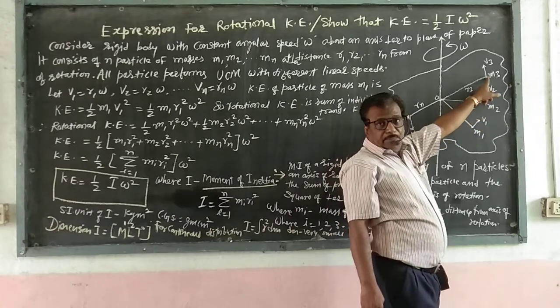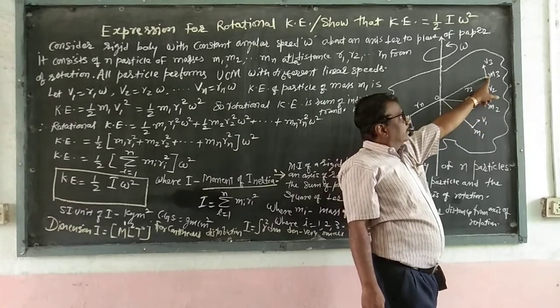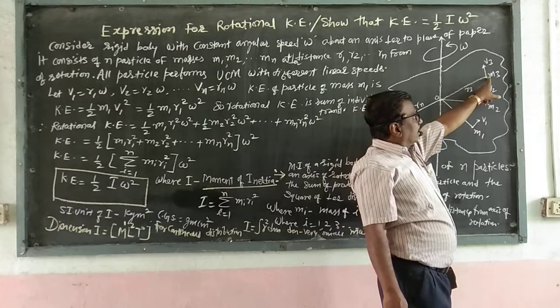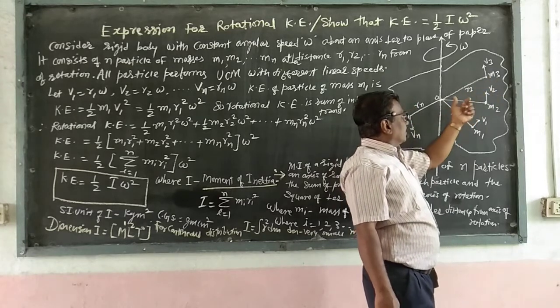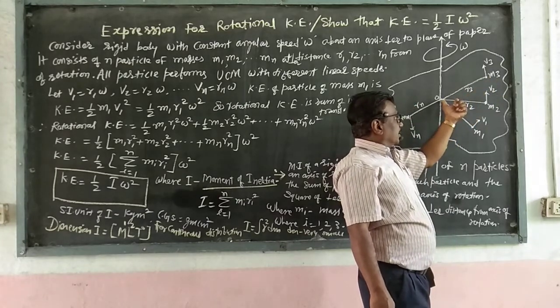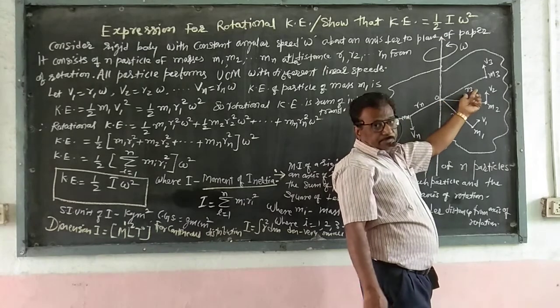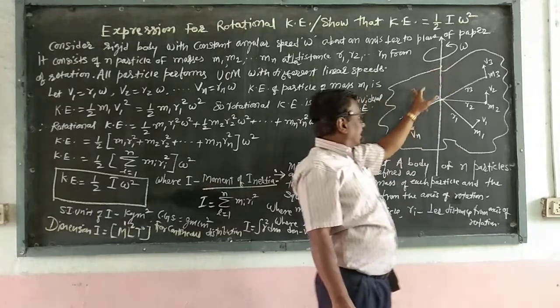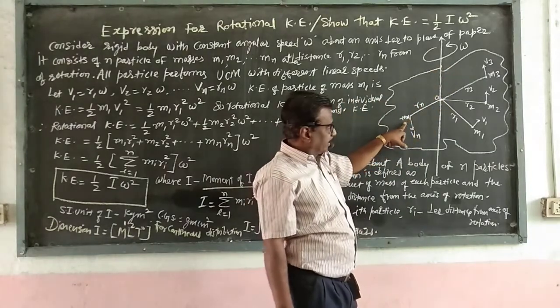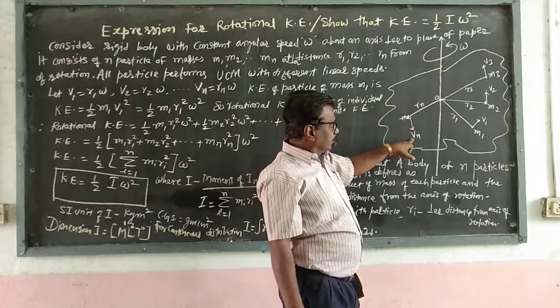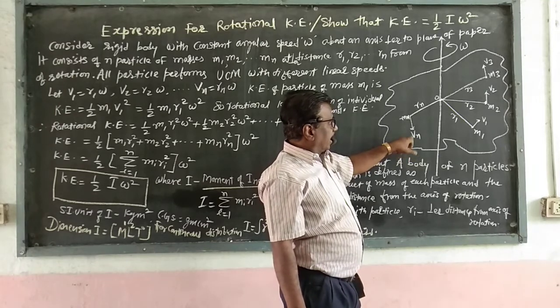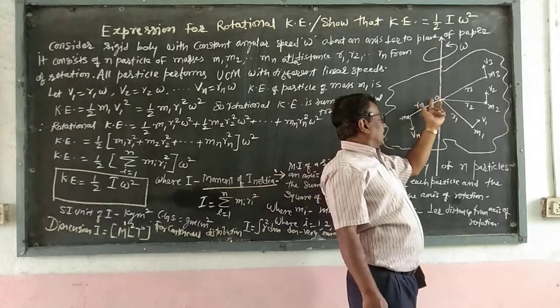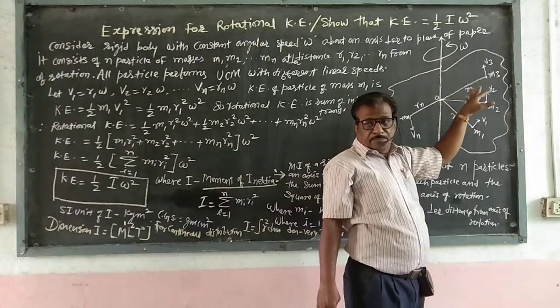Similarly, the third particle of mass m3 is at perpendicular distance r3 from O. And similarly m4, m5, and so on, up to the last particle of mass mn at perpendicular distance rn from O, which is drawn here.